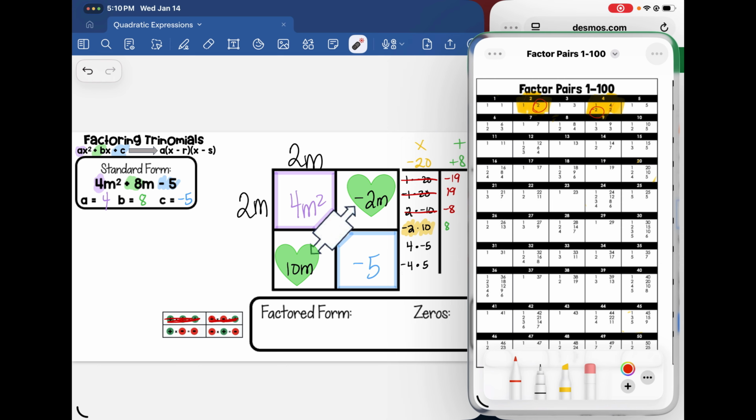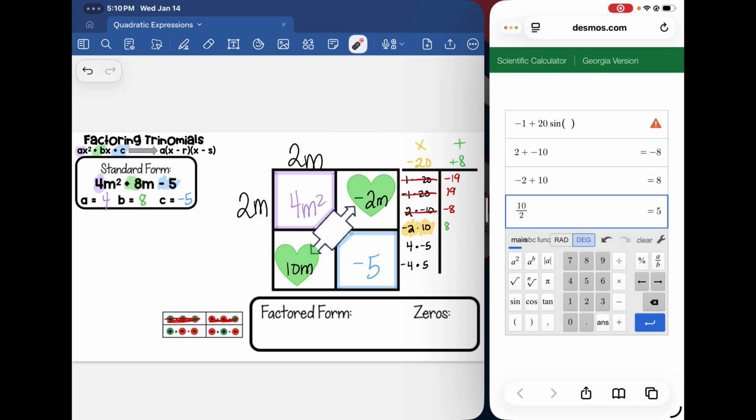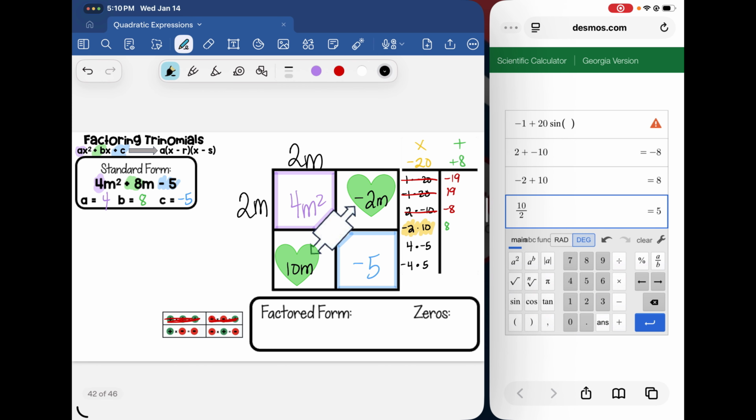Okay. Now, let's look at this row. I can do it 2 ways. 2 times what will give me 10? So 10 divided by 2 is 5. That means that 2 times 5 is 10. Because 2m times 5 gives me 10m. All right. Then I ask myself the same.